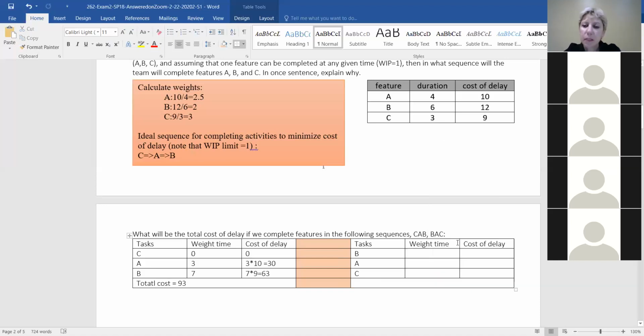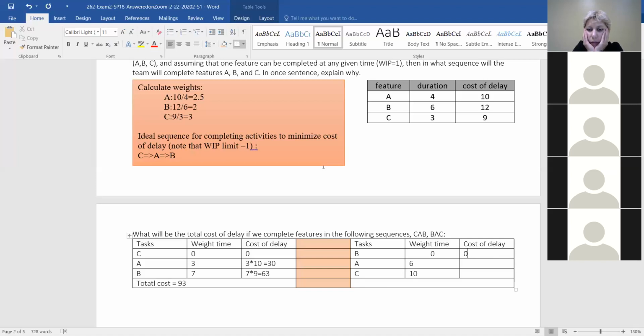So B is waiting 0 days. A is waiting for B, that's 6 days. 0, 6, yeah, same numbers, we just scoot them to the right. C is waiting for A and B, 10.